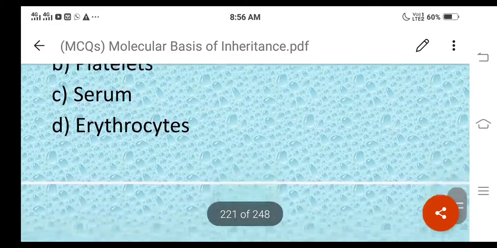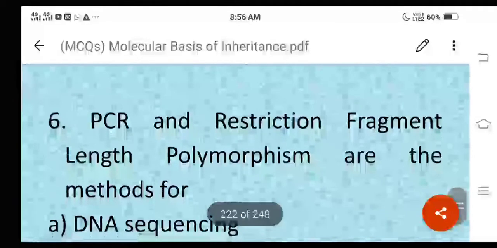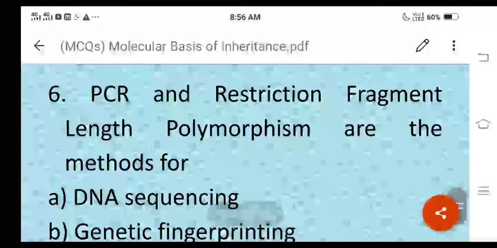Let us move on to the next question. Question number 6, PCR and restriction fragment length polymorphism, RFLP. PCR stands for polymerase chain reaction, and RFLP stands for restriction fragment length polymorphism.